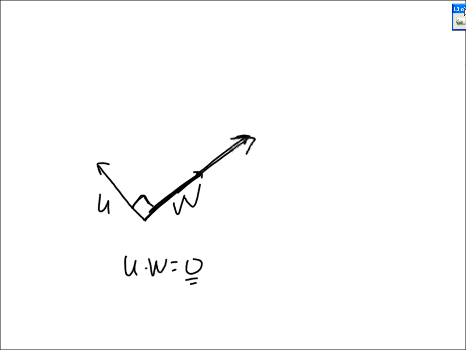It's still 0. If I make u shorter, it's still a right angle and still 0. That is why you can scale down the normal vector. If two vectors are perpendicular, meeting at a right angle, the dot product will be 0, regardless of their lengths.